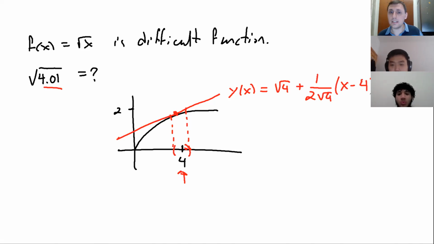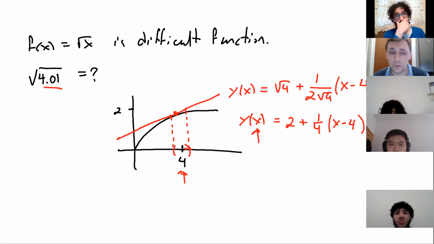Yes, that's the equation. Look at it, guys, because we are taking roots of 4, we can easily calculate with this function. y of x is 2 plus 1/4 times x minus 4. The calculation is very clear. I can plug in any number. At no point am I required to take the root. Yes?